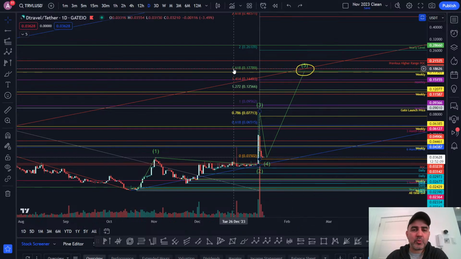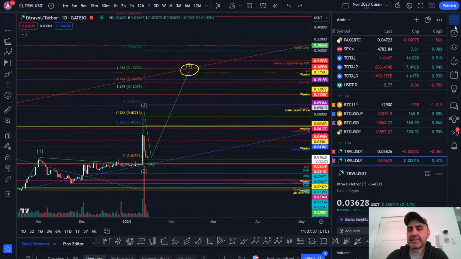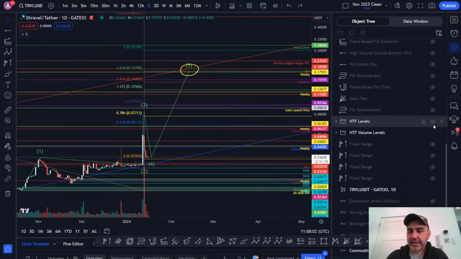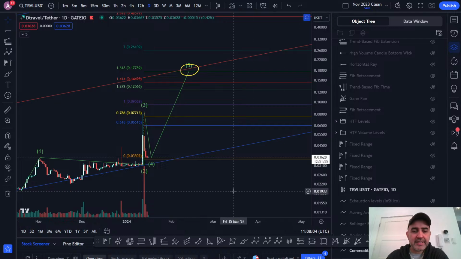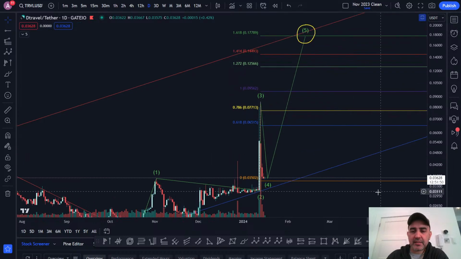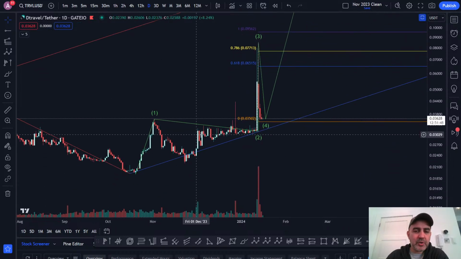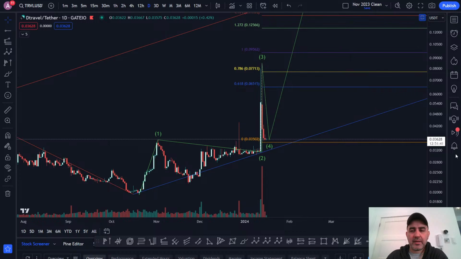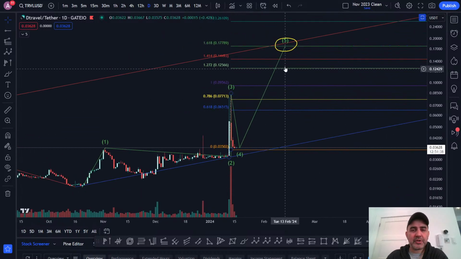Because that's the 1.618, and the idea that I have in my mind is that, let me get rid of those higher levels now. The idea that I have in my mind is that because from the 0 to the 1 to the 2, we went to the 1.618 to the 3, then maybe we're also going to go to the 1.618 to the 5.